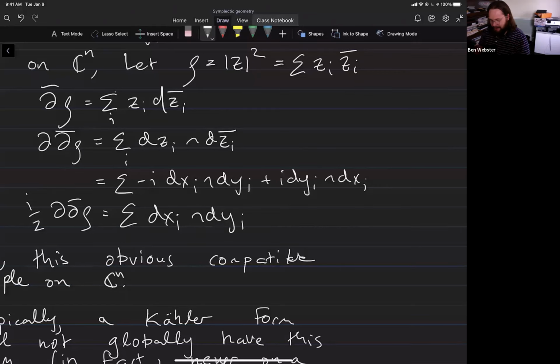And then if you write out explicitly what dz_i bar wedge dz_i is, you get exactly that. i over 2 times that is the usual symplectic form, dx_i wedge dy_i. Sorry, there's no bar on the y. And those i's exactly account for the fact that this isn't a symplectic form on the nose. It has a weird factor of i in it, coming from the i times y_i.